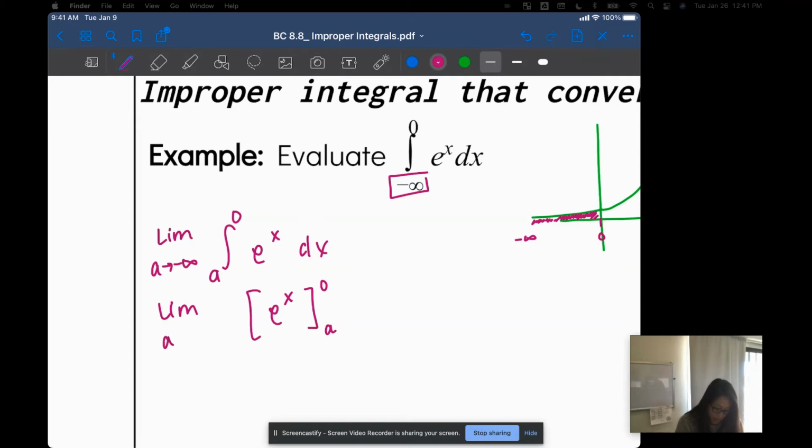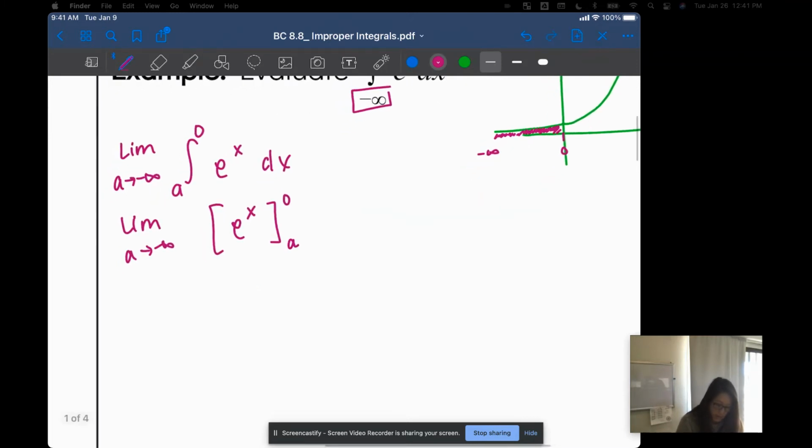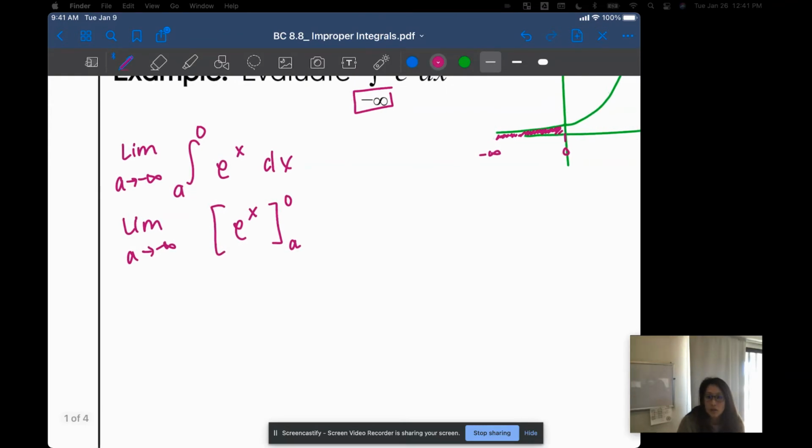I need to remember that after I evaluate the integral by plugging in 0 and a, I'm going to take the limit. So I have the limit as a approaches negative infinity of e to the 0 minus e to the a, and then we'll substitute in negative infinity for a.